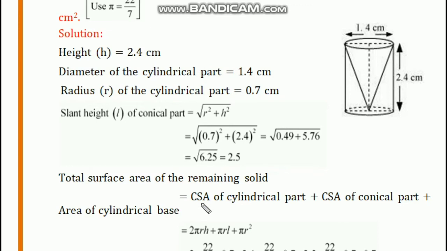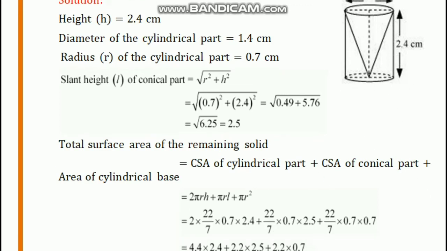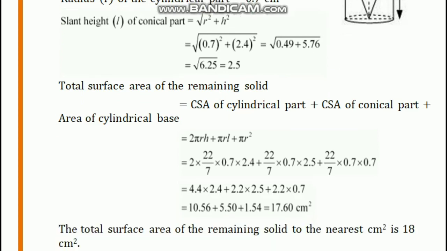Thereafter, we need to apply all the values in the formula. The total surface area of the remaining solid is curved surface area of cylinder part plus curved surface area of conical part plus area of cylindrical base. So you know the formula: 2 pi rh plus pi rl plus pi r square.